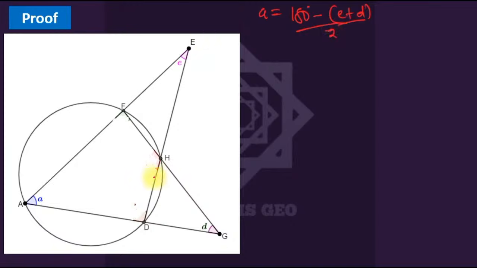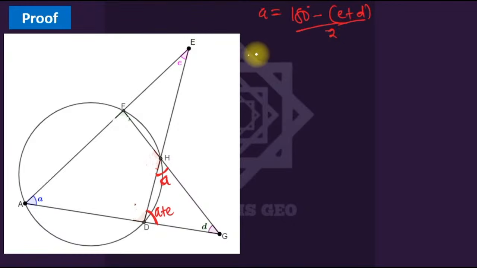As you can see, this is a cyclic quadrilateral AFHD. So this is A, sorry, this is A, not theta. And again, look at this triangle AED. By the exterior angle theorem, we see that this is A plus E. Yes, A plus E is this. So we now have a triangle with interior angles A plus E and D, so we can solve that.